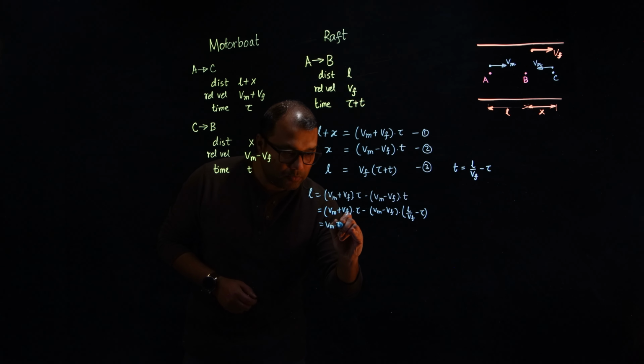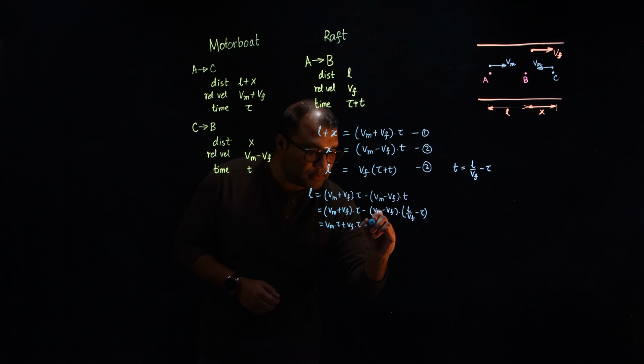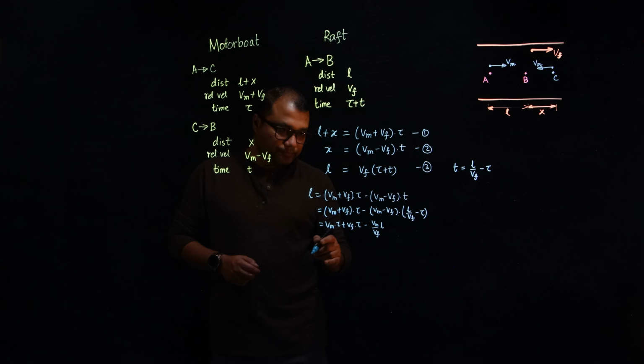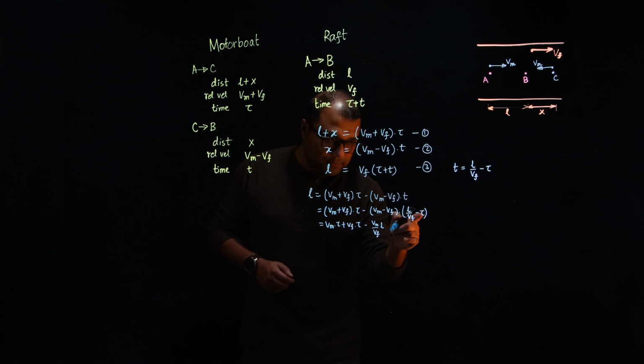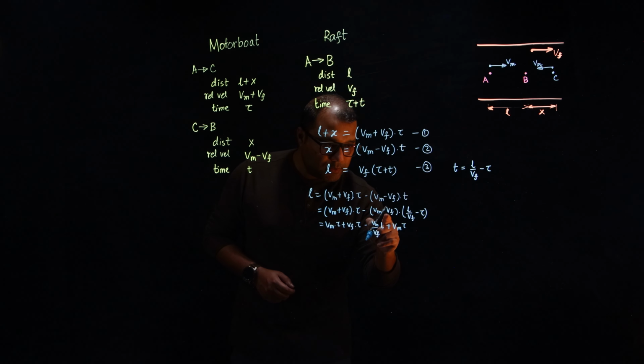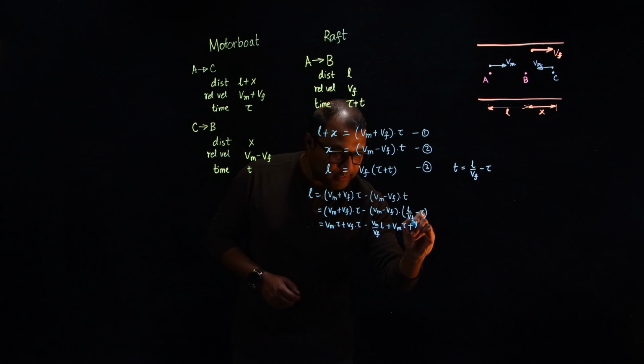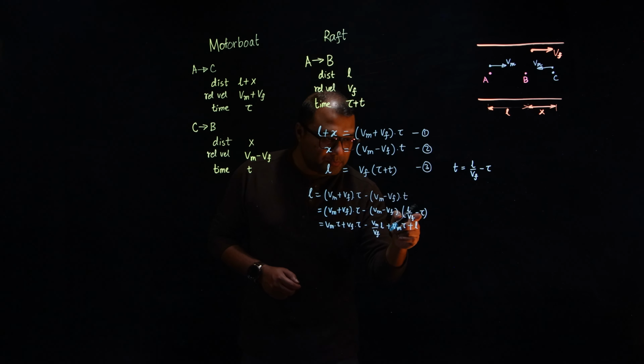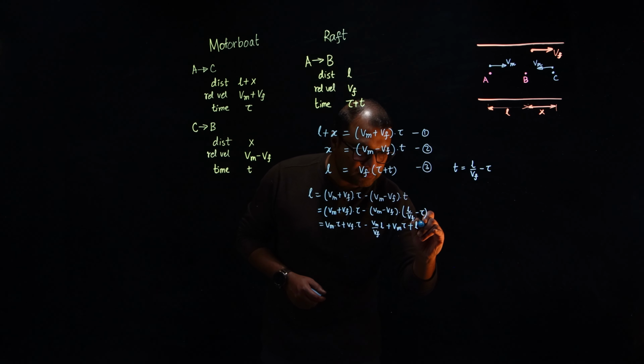Vm tau plus Vf tau minus Vm by Vf L. This times this is minus Vm tau, and with this minus it becomes plus Vm tau. This times this is minus L, which becomes plus L. And this times this is plus Vf tau, and with this minus, it becomes minus Vf tau.